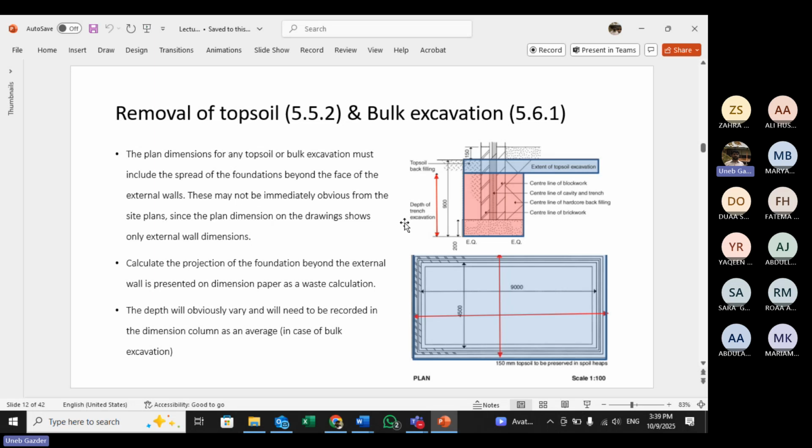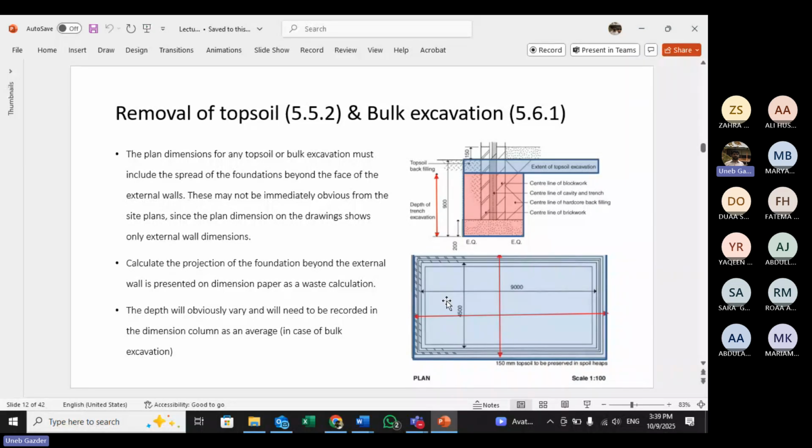The removal of topsoil and bulk excavation, both of them are done till the projection of the external footing or foundation. So for example, let's say this is your plot on this side. Okay, this is the plot, this one. You can see they have given the internal dimension. Now we will use it later on, so keep this in mind.